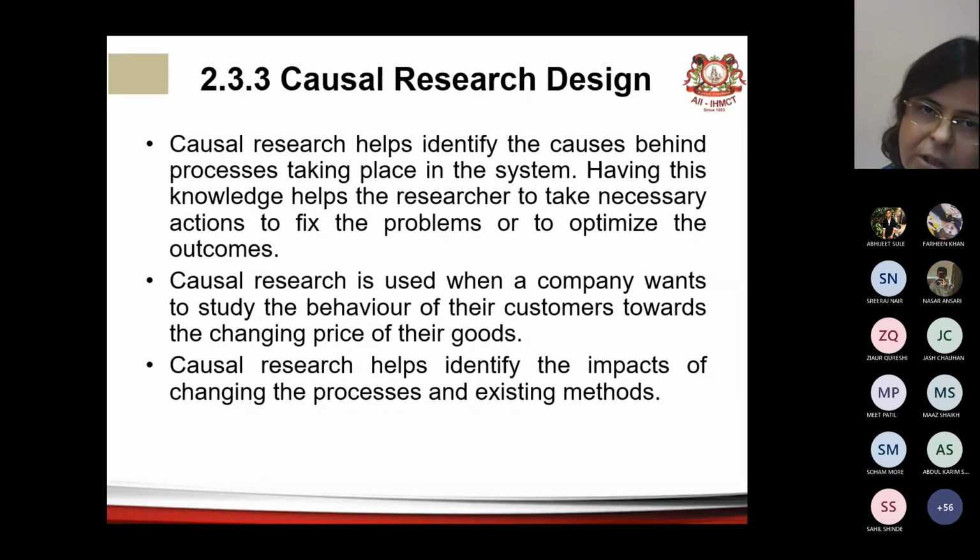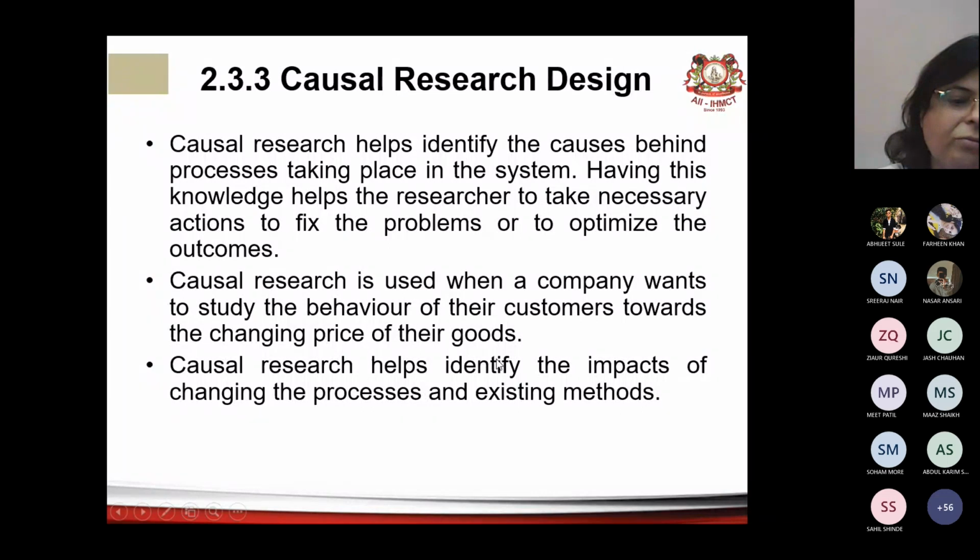Say a product was priced at a certain amount, and now they've changed the price and they want to see how well it is accepted. Okay, so cause and effect. So change of price and what is the effect on the consumers.